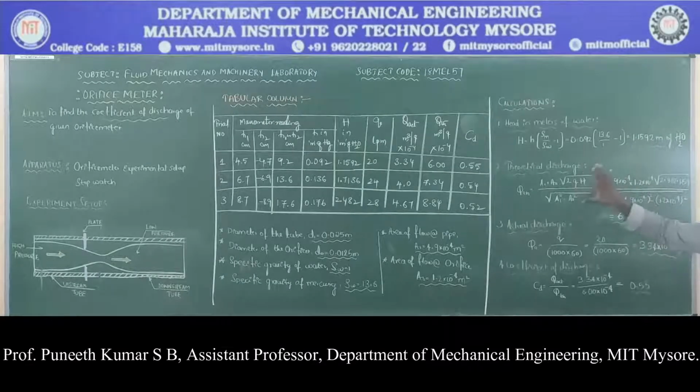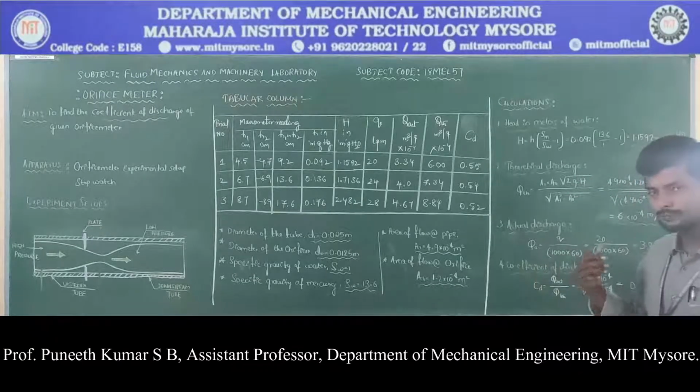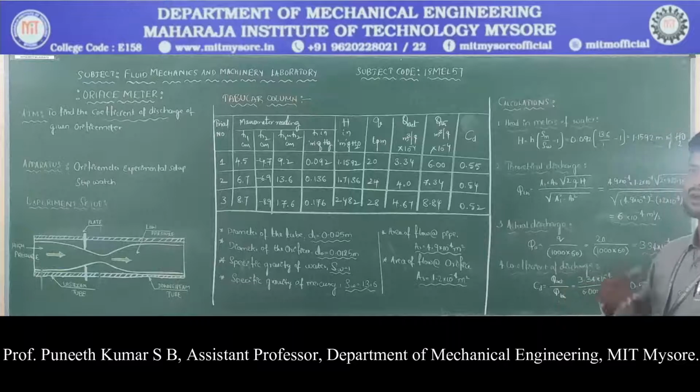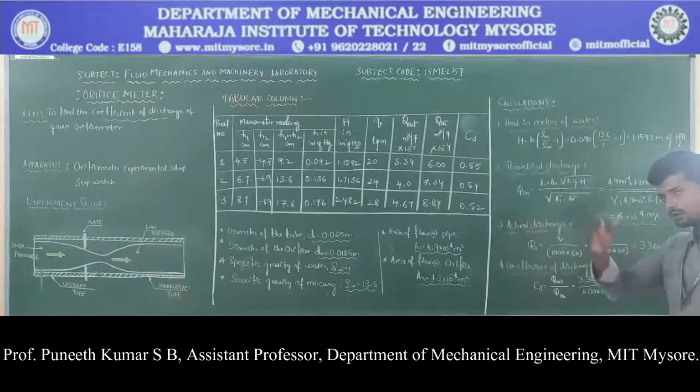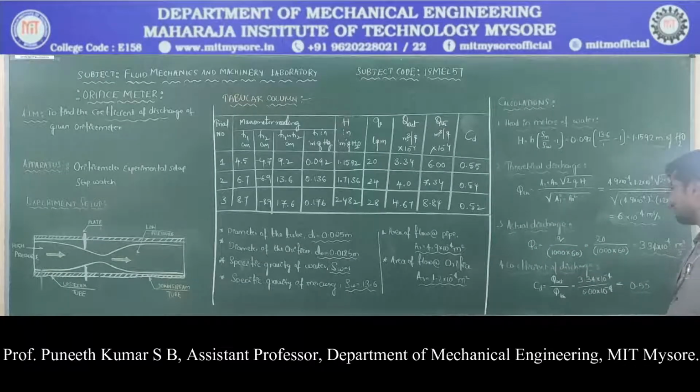This theoretical discharge is a hypothetical value, for when there is no resistance offered to the flow of water by the orifice or by the pipe section. The actual discharge is found by the rotometer, which has been already calibrated.